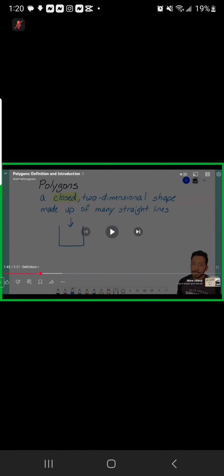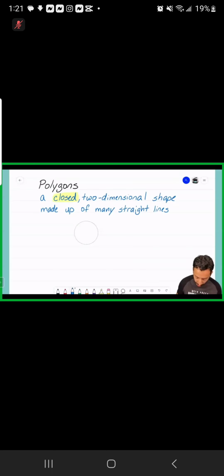So you can sketch the square as an example, and this would be a non-example. This one that is open would be a non-example. To be a polygon, it has to be closed.